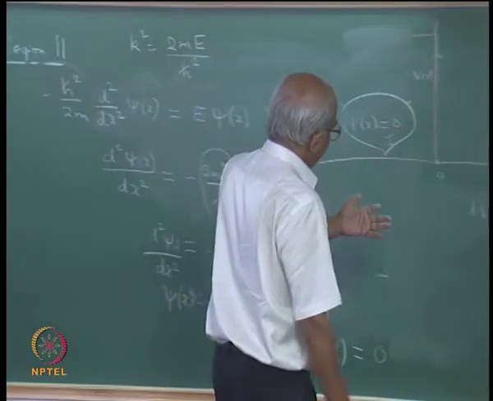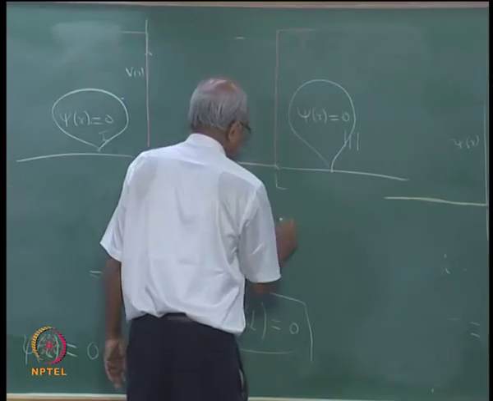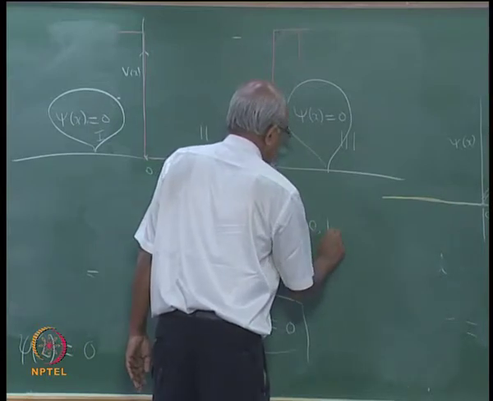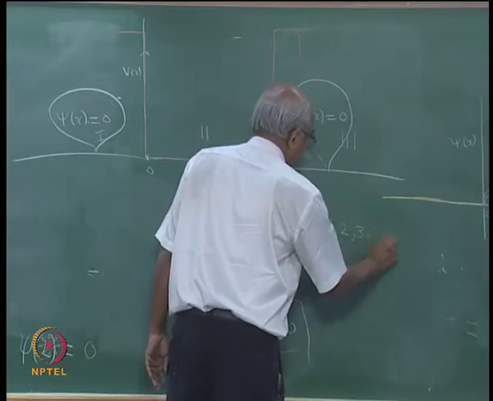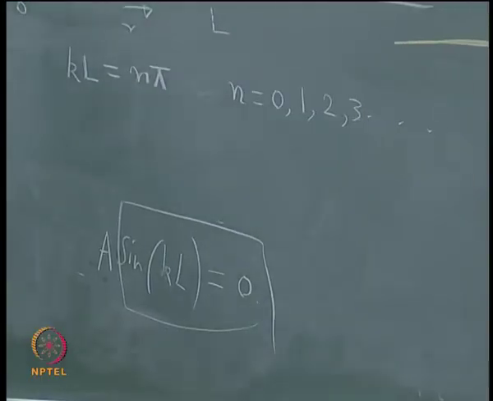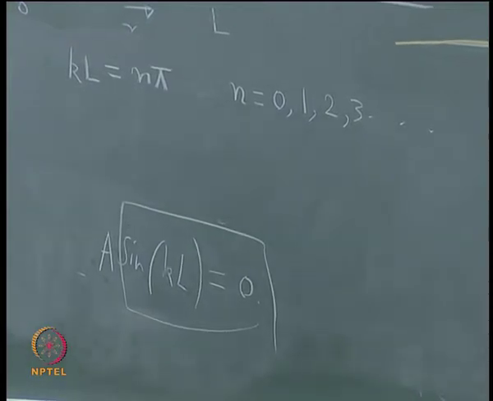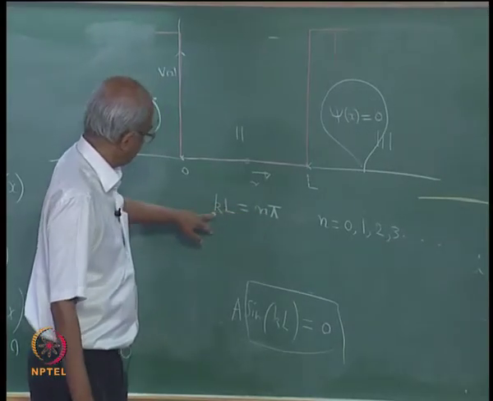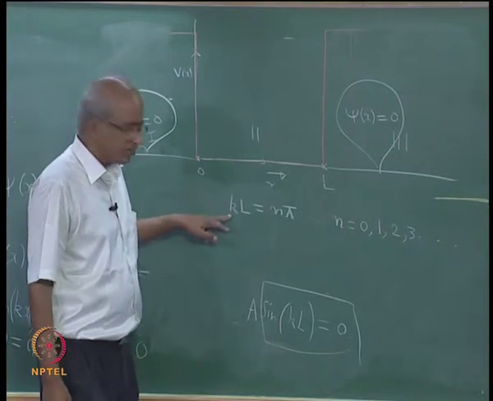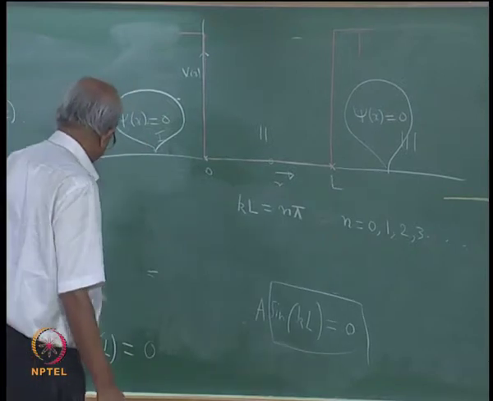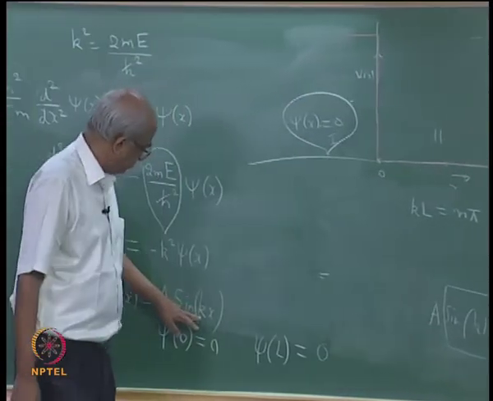And this n is an integer, it is constrained to be an integer. At the moment it appears that I can have n equal to 0, n equal to 1, 2, 3, 4, etc. But suppose I choose the case with n equal to 0. If you put n equal to 0, what will happen? You will have kL equal to 0. That means k must be equal to 0, and if k is equal to 0, what will happen to the solution?